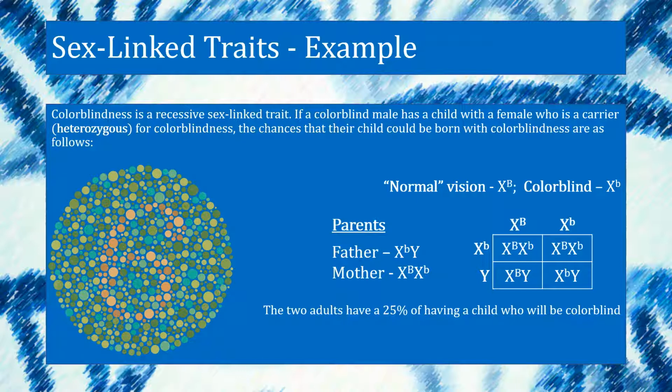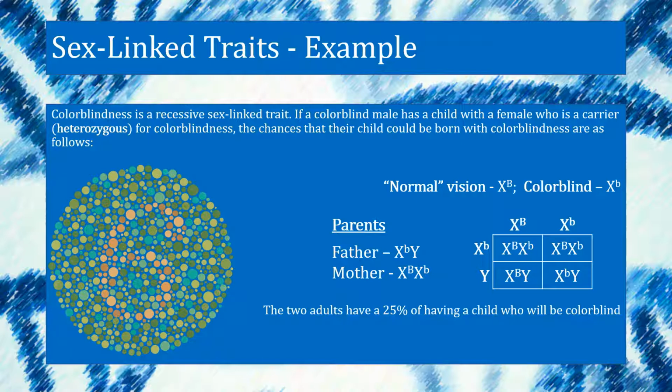Ladies, it is very rare for a woman to be born colorblind. It is possible though, but in order for that to happen, the female would have to inherit both recessive traits from both parents.